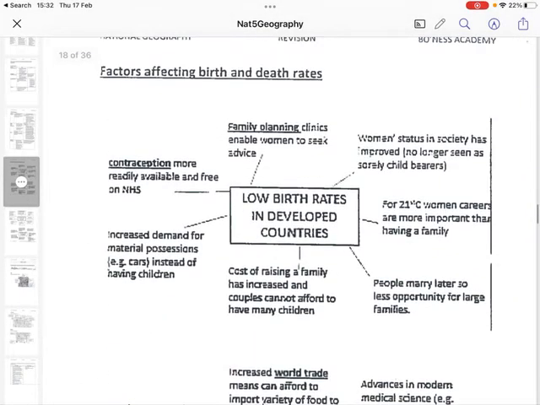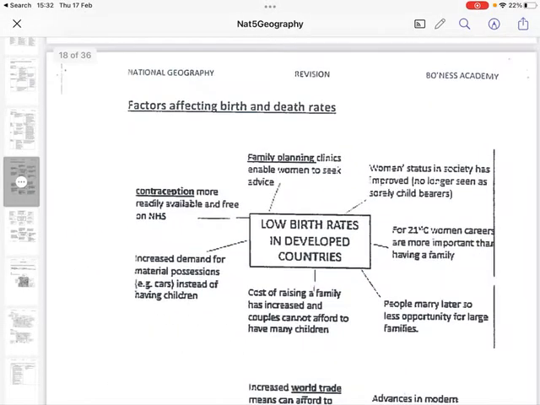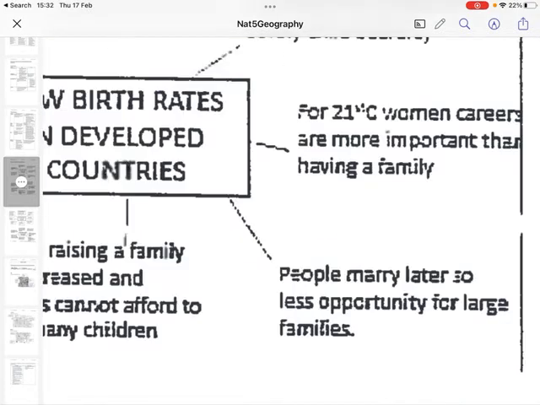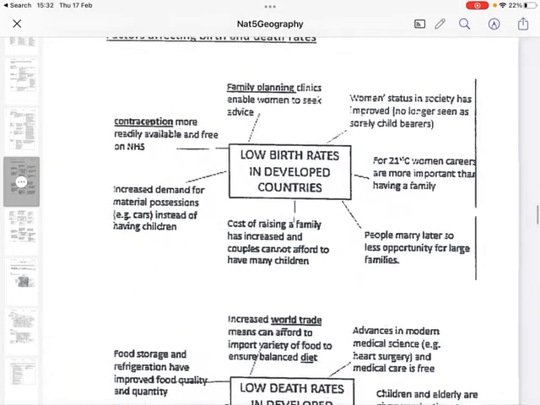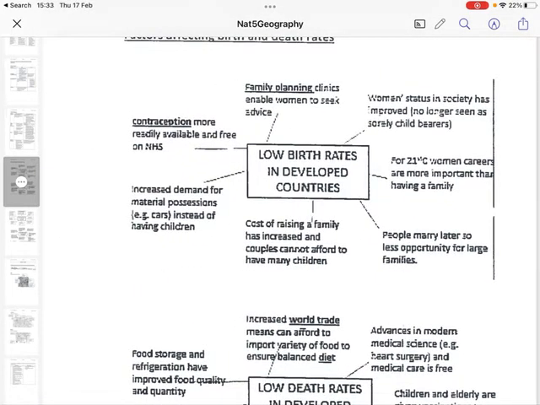For low birth rates, for example, the USA has a lower birth rate than Kenya because of family planning clinics. You wouldn't say the NHS for contraception because we're talking about America here, but it's readily available and affordable. People might marry later in America because women's rights are better and they have access to careers and jobs that they might not have in Kenya. That sort of thing is what we're saying.